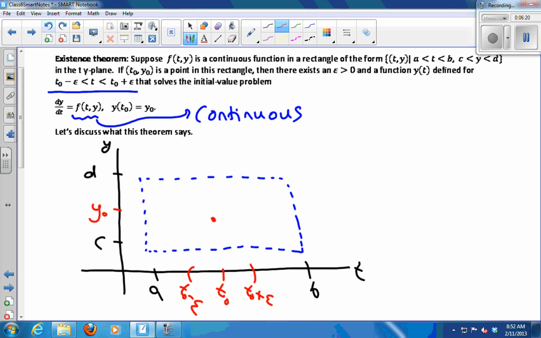So here's my initial value, t naught, y naught. I know that there is some function y of t, at least in this small interval, that solves the differential equation.